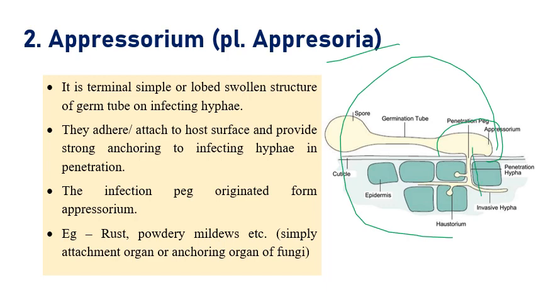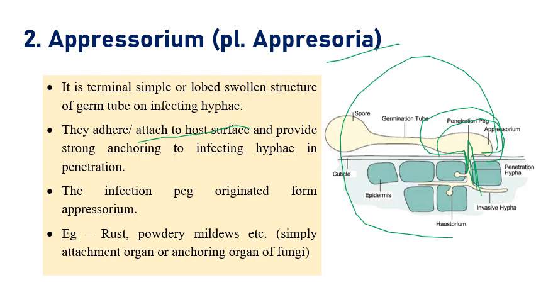We can see here, this is the Appressorium, the attachment organ. From the Appressoria the penetration peg goes inside. The Appressorium is generally a lobed structure from the germinating hyphae. The main function is to adhere or attach to the host surface. It provides very strong anchoring and stability for penetration.